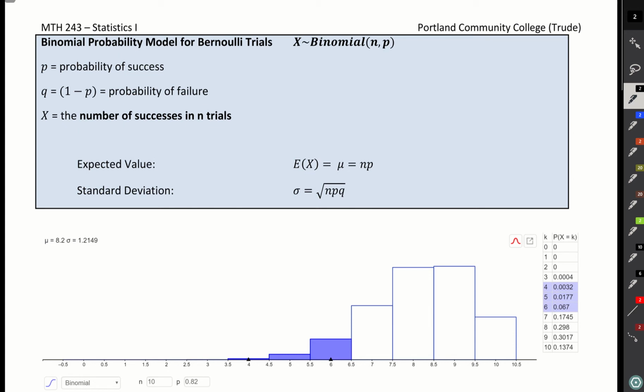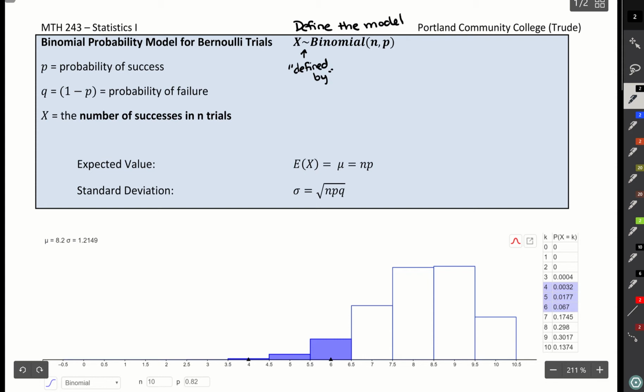So the breakdown of notation that you're going to see for the binomial probability models: to define the model, we often use this notation here, where X is our random variable. X is representing the number of successes in a certain number of trials. The little squiggle there would be read as "defined by."